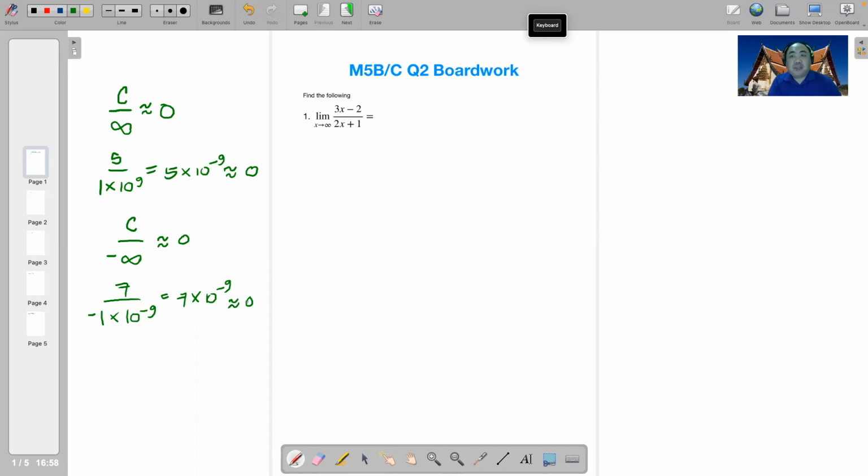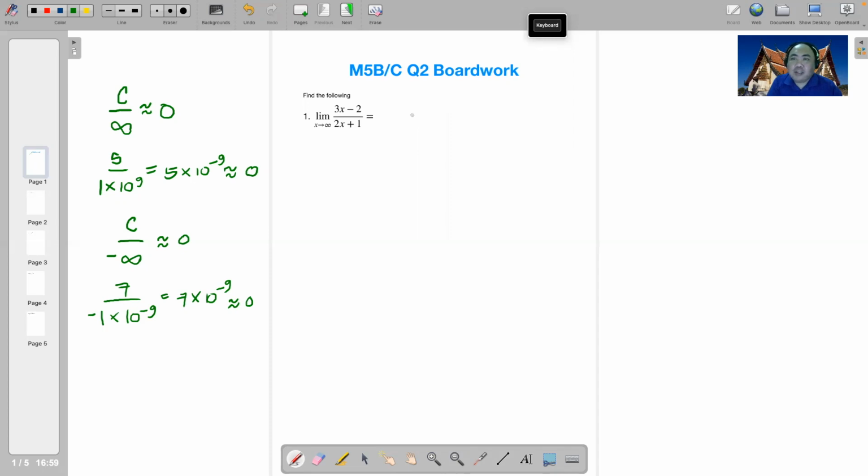Now, to begin our discussion, we have here the problem. Find the limit of 3x minus 2 over 2x plus 1 as x approaches infinity. As is, we cannot do a substitution because we do not know what this infinity is. We just know it is a very large number.